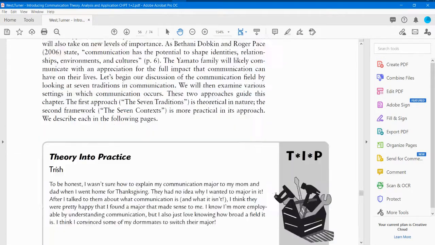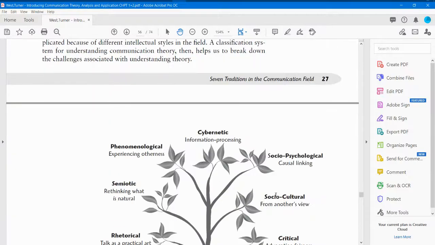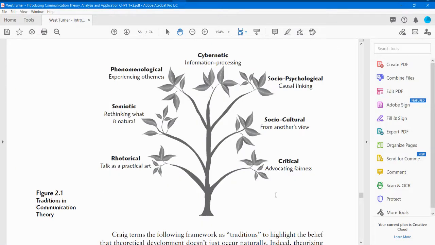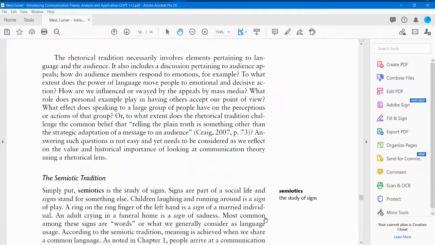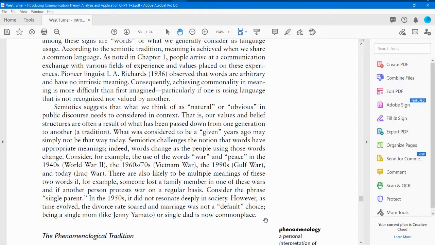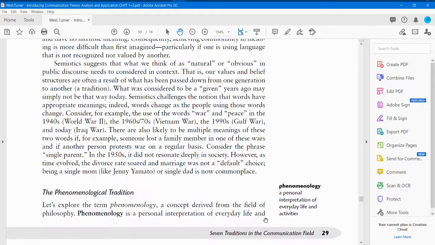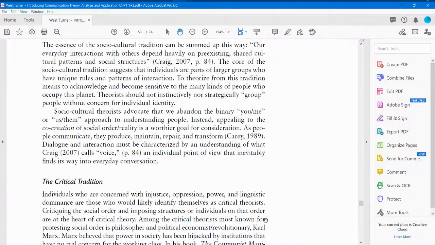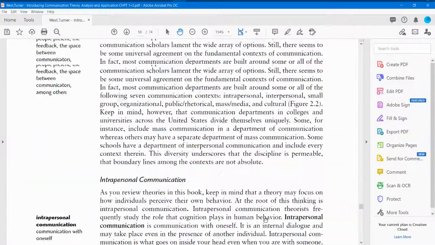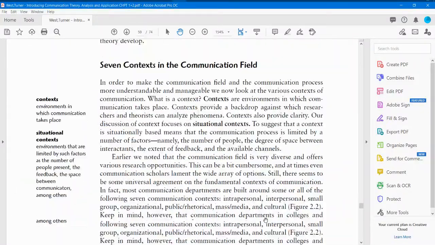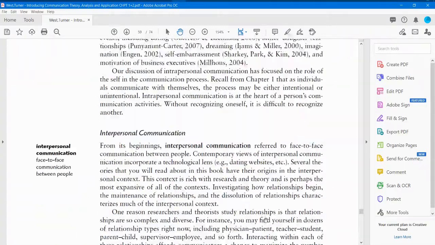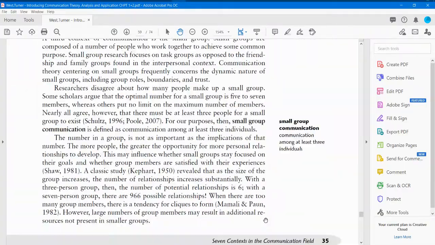So you have focused. The 7 traditions in the field of communication are important for you to know and be able to write a short essay-style question on. This whole of section 2 is very theoretical. The 7 contexts in the communication field are very important. Also a possible essay question.